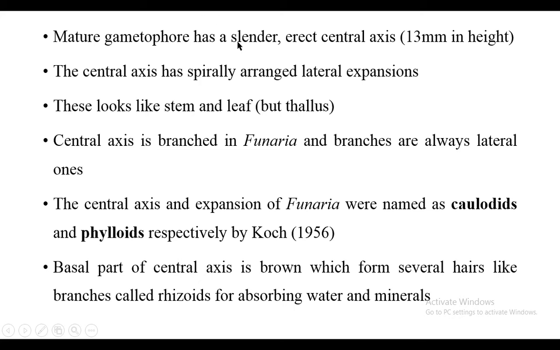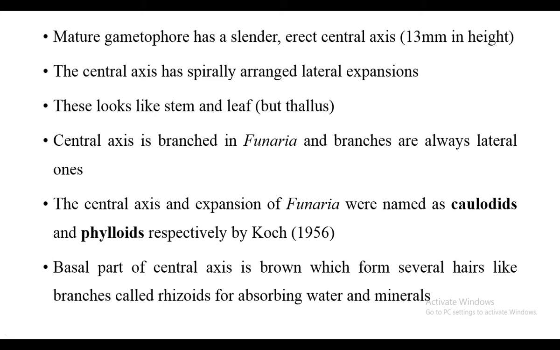The mature gametophyte has a slender erect central axis, 13 मिलीमीटर तक इनकी हाइट जो है वो पहुंच जाती है. The central axis has spirally arranged lateral expansions. These look like stem and leaf, but the plant body is whole or thallus-like.